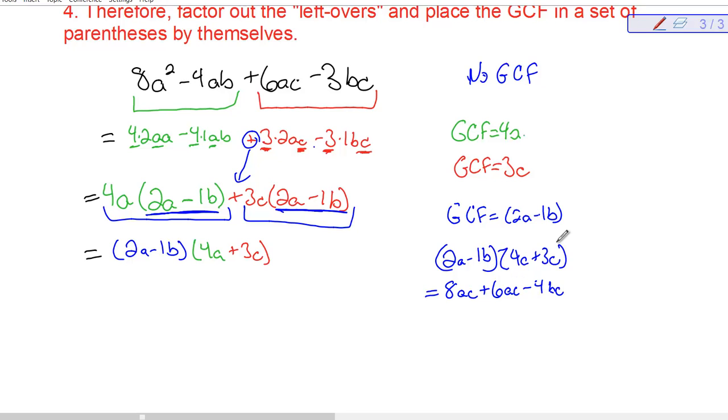And a negative 1b times a positive 3c, which is going to give me a negative 3bc. Now this looks a little bit different than what I started with. The thing is the middle two terms are switched, and remember, with adding and subtracting I can rewrite those. So I do end up getting what I started with. So this is my factored form when factoring by grouping.